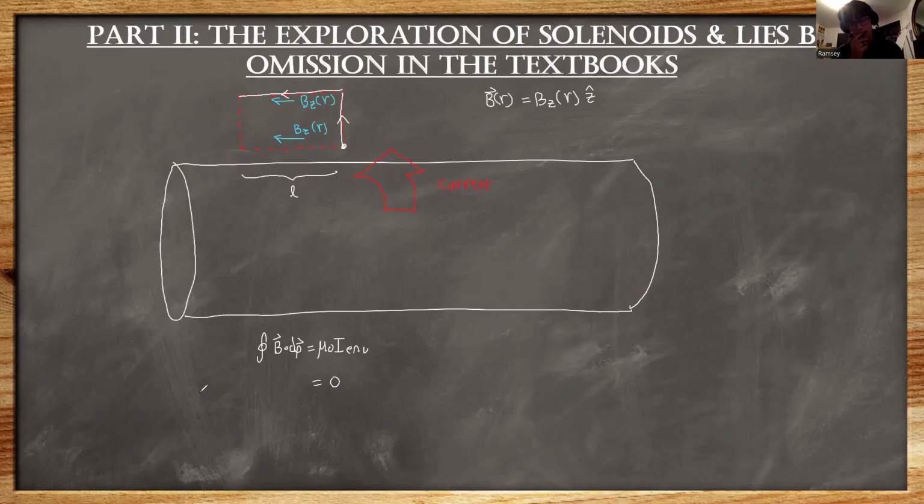That would be the integral of BZ dP cosine of 0 degrees. Cosine 0 is 1, and you can pull out BZ because it's constant for any given radius. So you just get BZ times L.